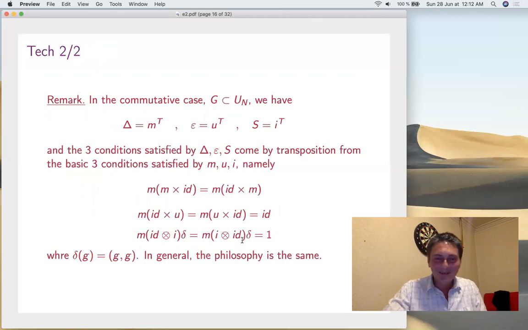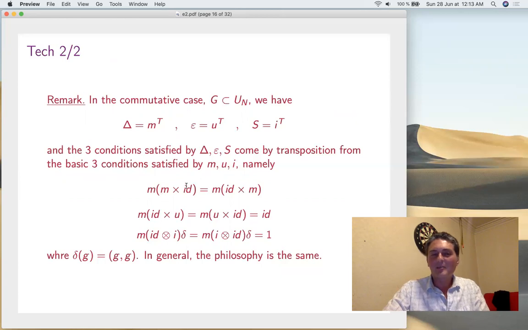So delta is the diagonal map, and I apply this to g. Let's try to understand this. I want to say that g g^{-1} is 1 in a complicated way. So delta of g is g tensor g. Now epsilon tensor i, this means I get to the pair g, g^{-1}. Then I apply m, I multiply. So this is g times g^{-1}, and that's the identity.